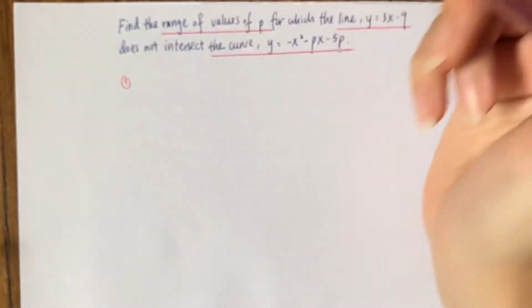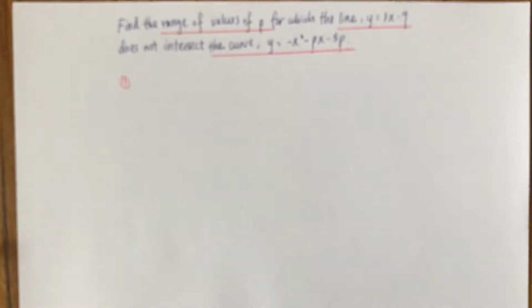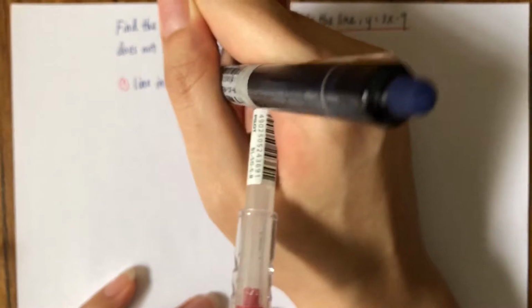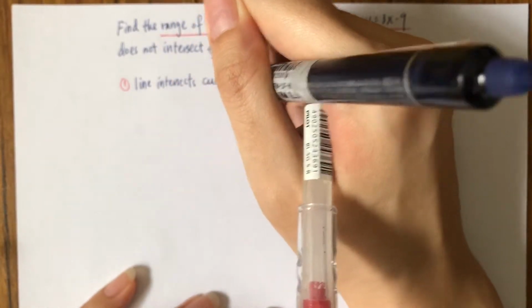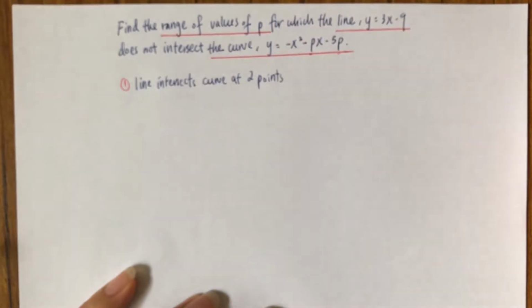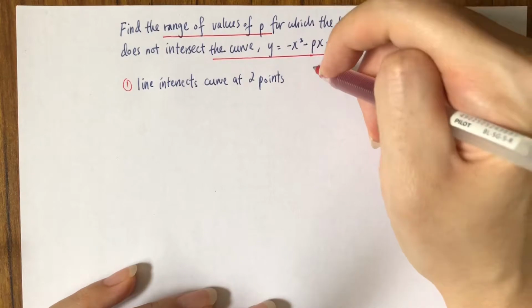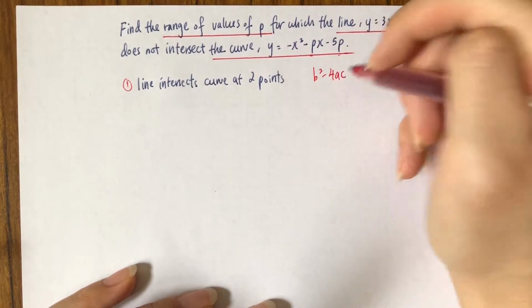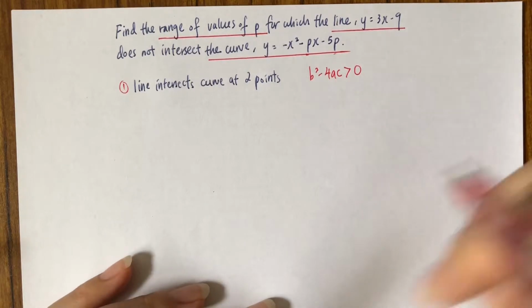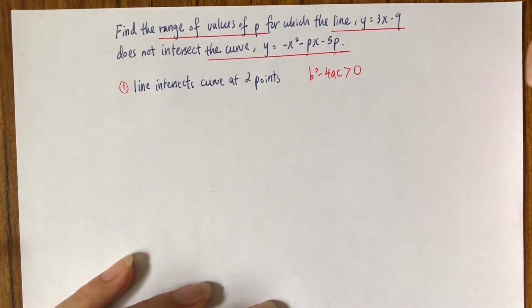First one, when the line intersects a particular curve at 2 points, then the condition of the discriminant is b squared minus 4ac is more than 0. Graphically, it just means something like this.